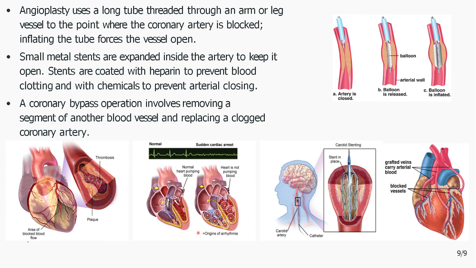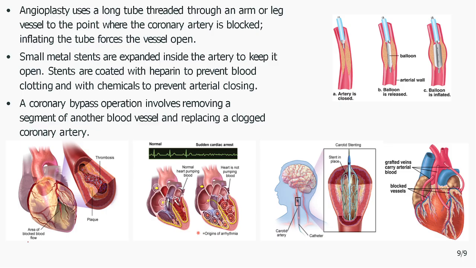Now, we have angioplasty. A long tube is threaded through an arm or leg vessel to the point where the coronary artery is blocked, to remove that blockage. This process is known as angioplasty.